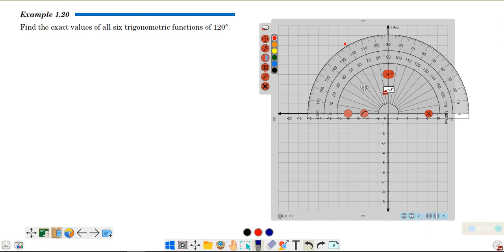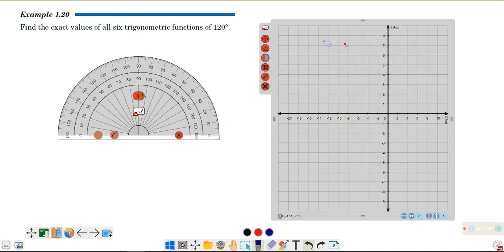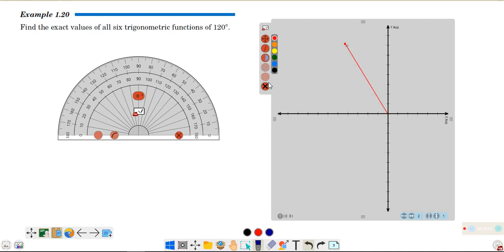Tapos, move lang natin to. Drawing tayo ng line connecting the origin and 120 degrees. Tanggalin ko muna yung mga units niya dito. So, this is our angle, 120 degrees.